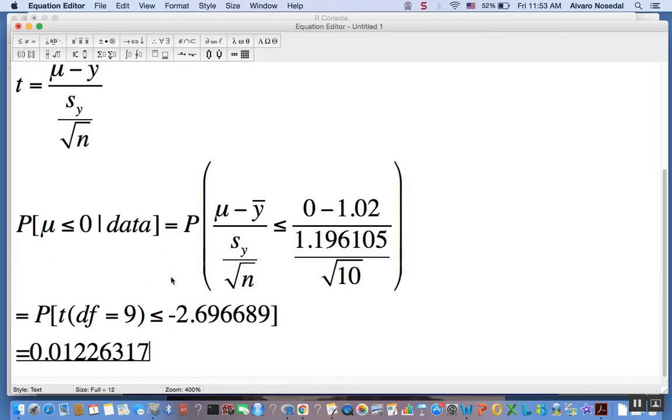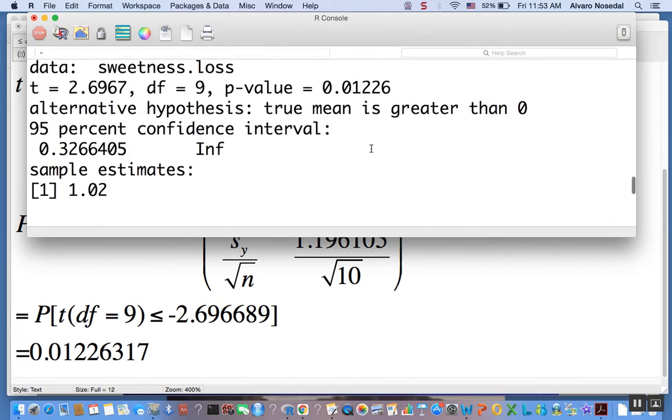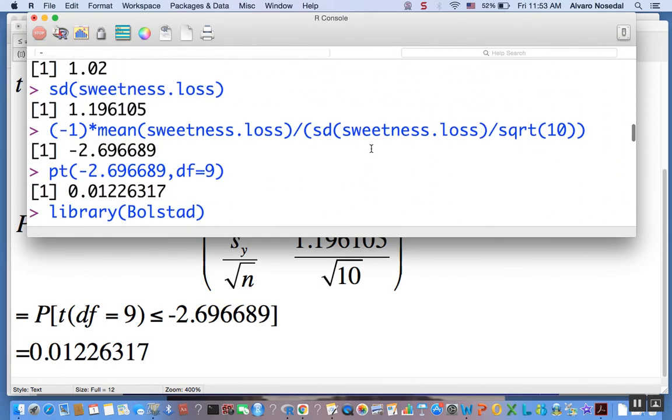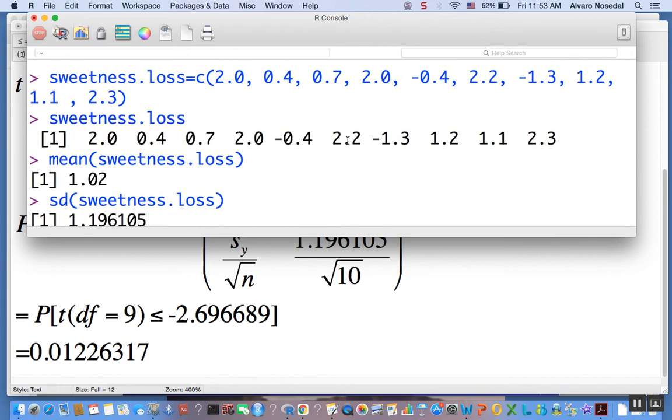So let's summarize what we did here together. We had some data set, and we wanted to first carry out a Bayesian hypothesis test for the mean, assuming that we were dealing with normal likelihood where both mu and sigma squared were unknown.